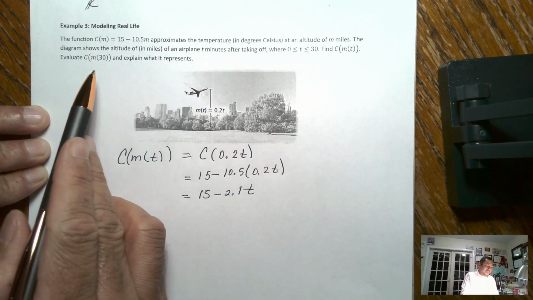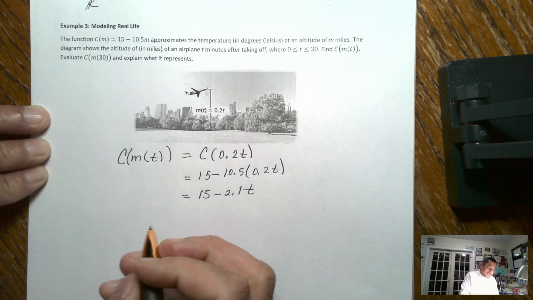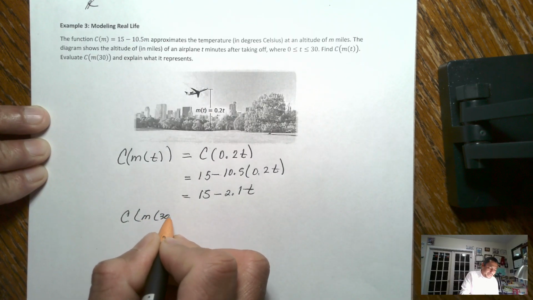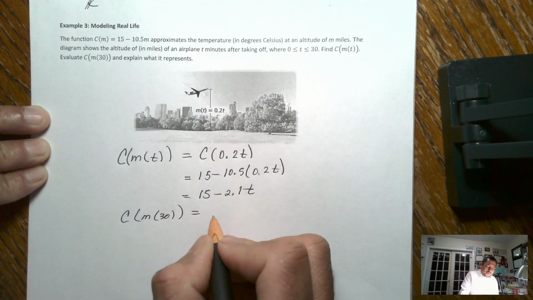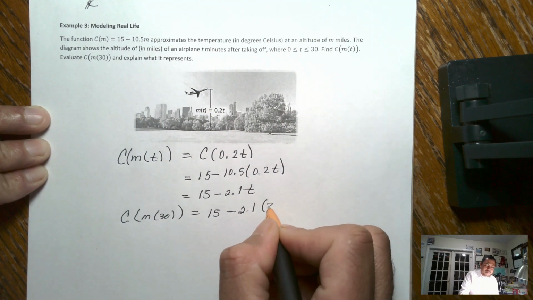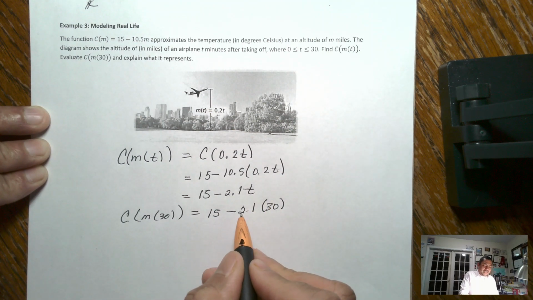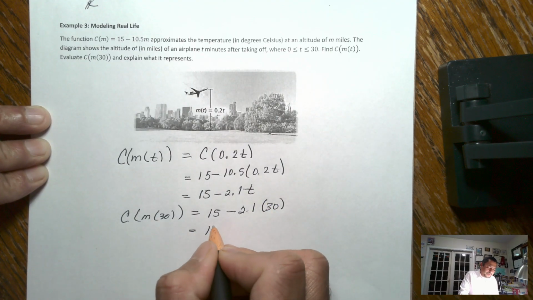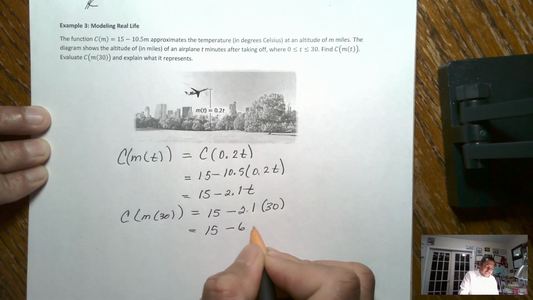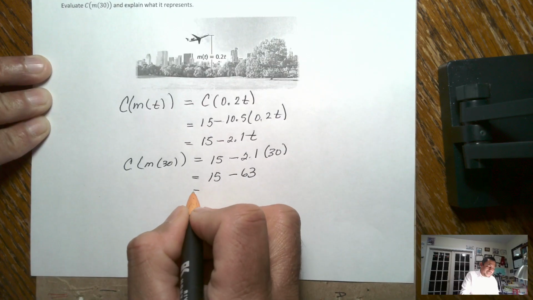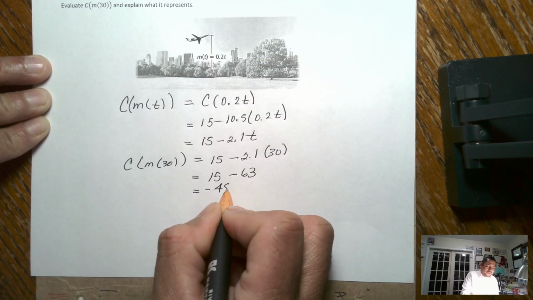Now I need to evaluate C of m of 30, so C of m of 30 is equal to 15 minus 2.1 times 30. Negative 2.1 times 30 is negative 63, so it's equal to 15 minus 63. In this case, 15 minus 63 is equal to negative 48.